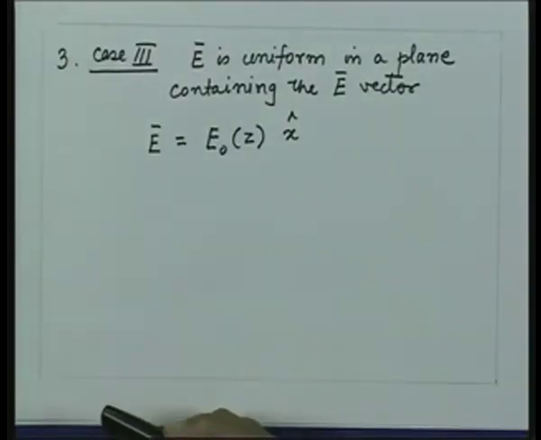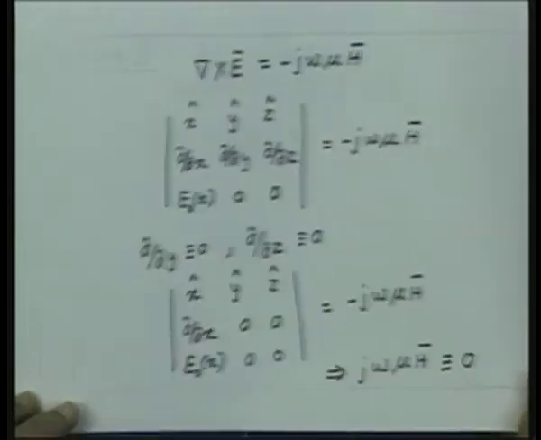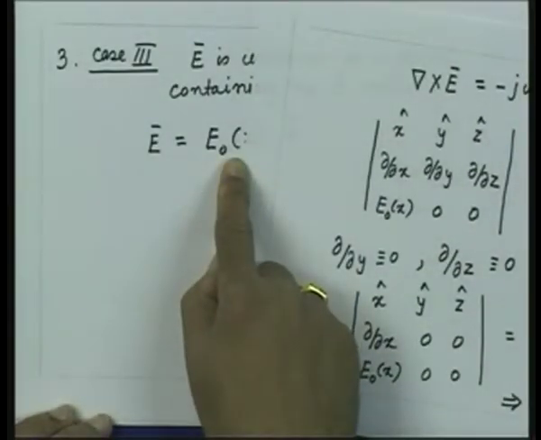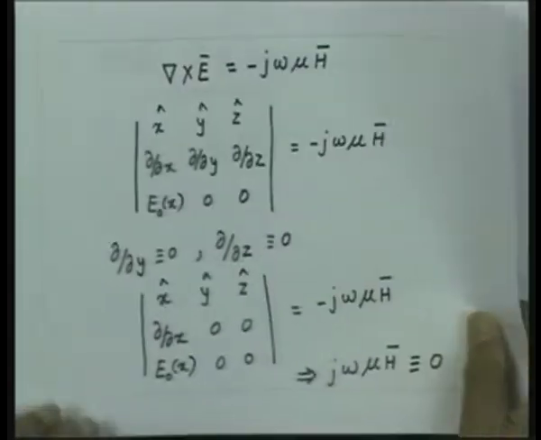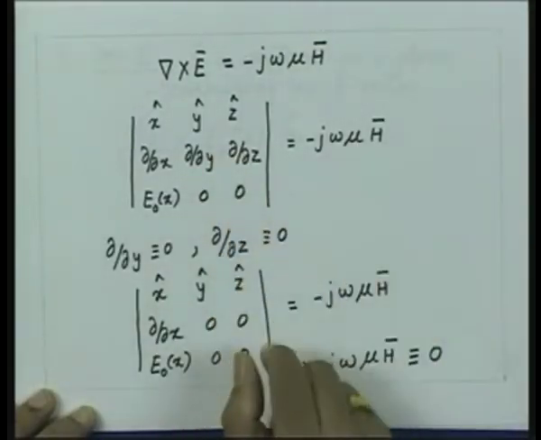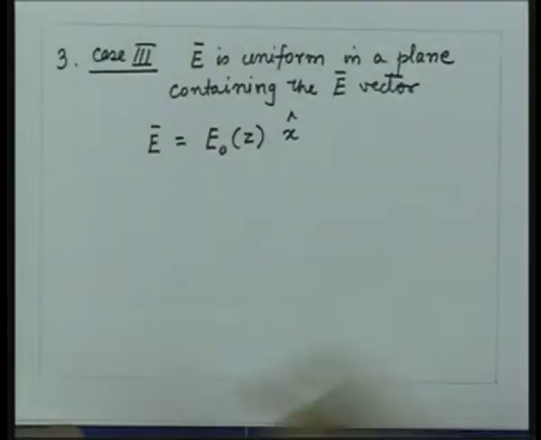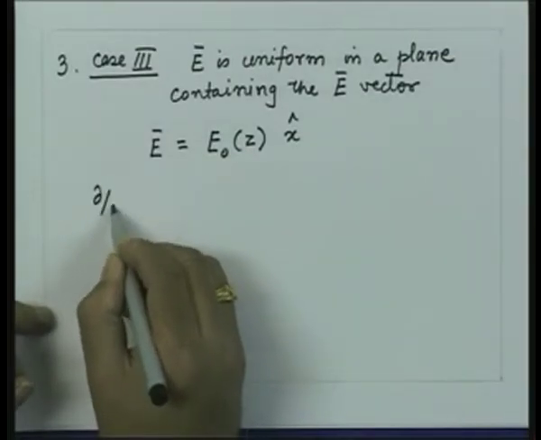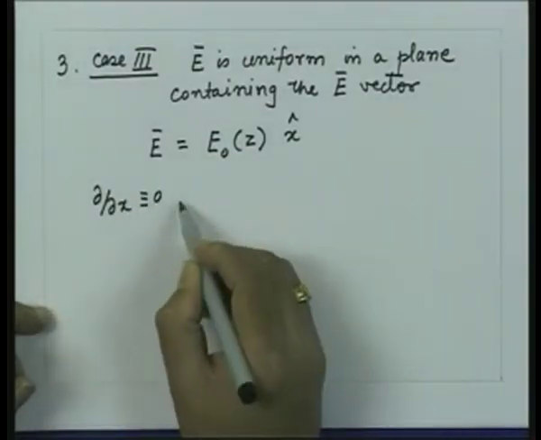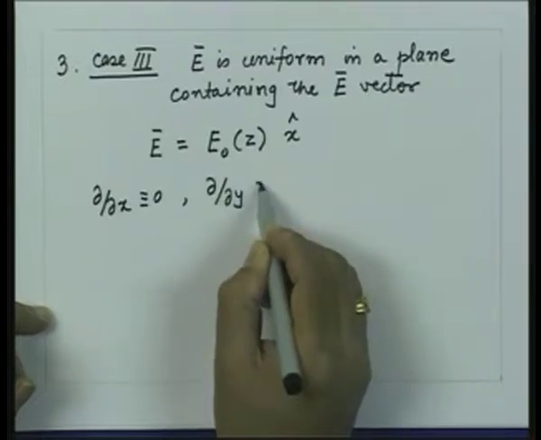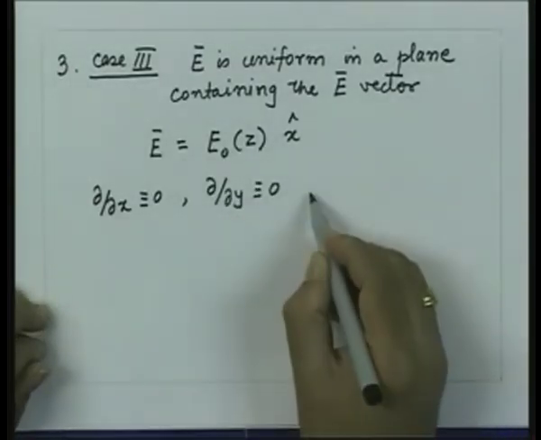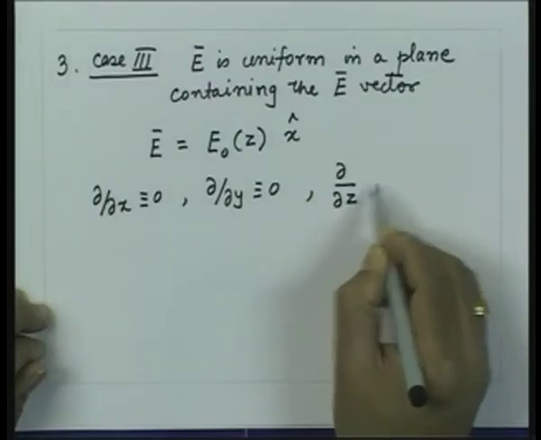Again we can do the same thing which we did in the previous case. We can go to the curl equation and substitute for the electric field as we did here. However, in this case, since E is a function of z, the derivative d by dz is not 0, but d by dx and d by dy are 0. So, we have d by dx is 0, d by dy is 0, and d by dz is not 0.